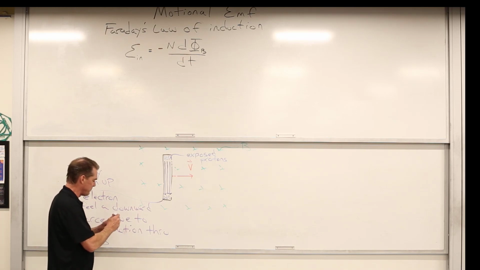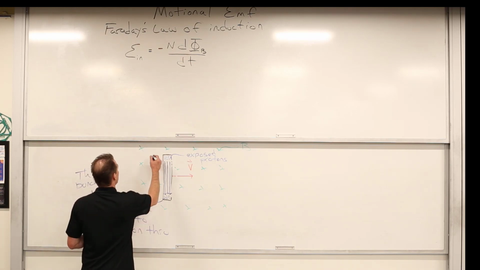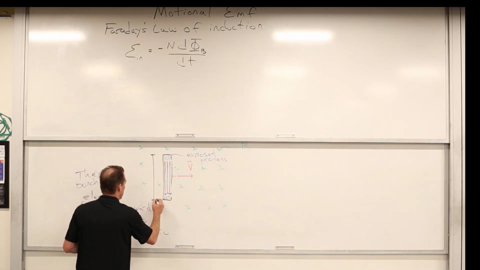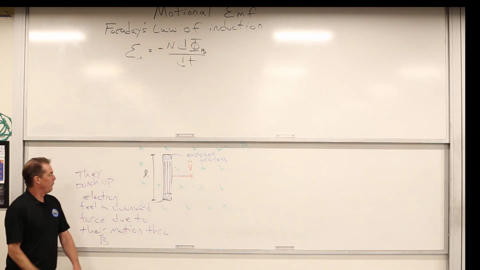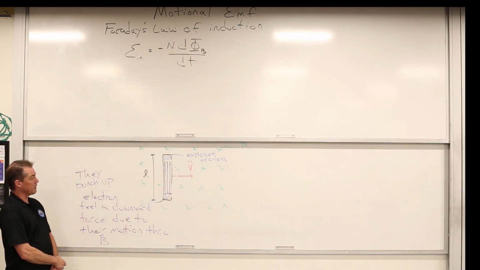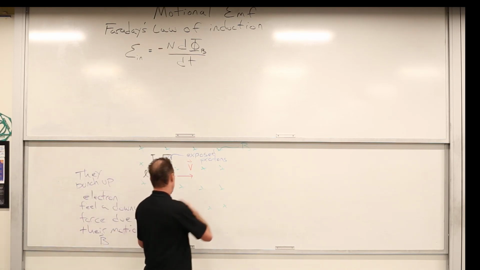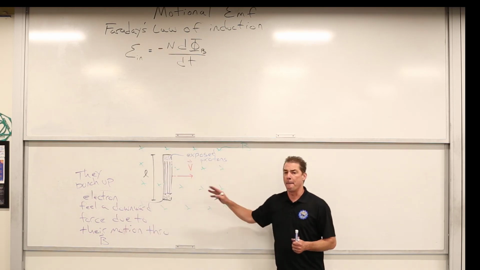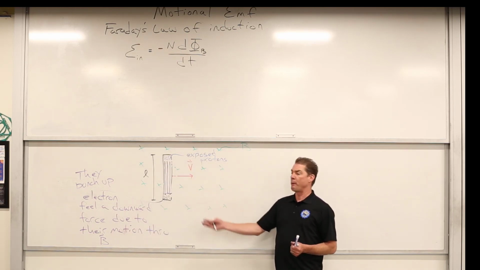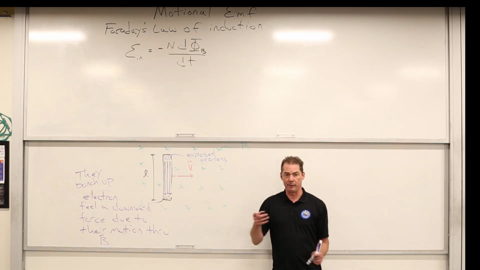We can take that this bar has some length L, and we could start to figure out things like, what's that electric field strength? And when do the electrons stop bunching up at the bottom? What prevents them all from just going down there?